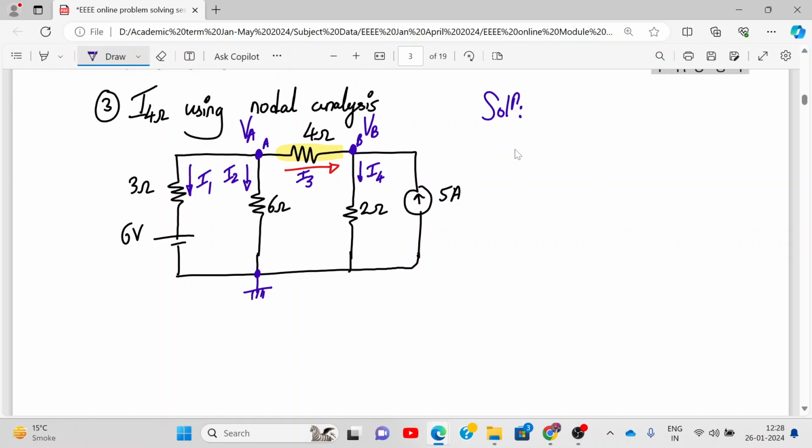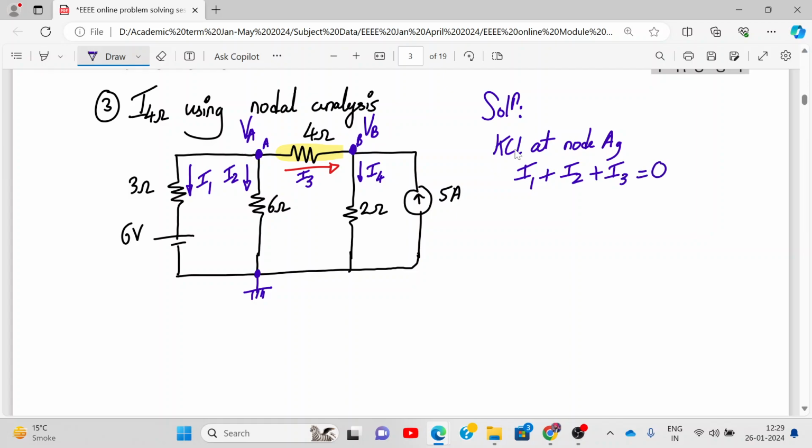So let's start applying KCL at node A. What does it give you? All are outgoing currents. So I1 plus I2 plus I3, all are outgoing, right? Is equal to 0. What is I1?